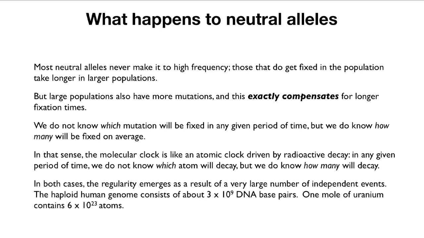Our haploid genome consists of about 3 billion DNA base pairs, and 1 mole of uranium contains about 10 to the 23rd atoms. So we are dealing with very large numbers, and when that huge sample size is there, random events become regular in terms of how many of them are occurring per unit time.